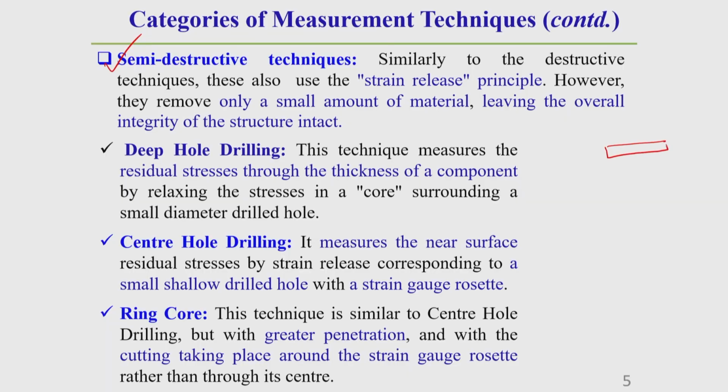Strain release principle means this is a body which is subjected to some deformation. After deformation the shape becomes like this, after that we fix this deformed part. Now, if we cut this dotted length, once we cut it, it will return back to its original position.